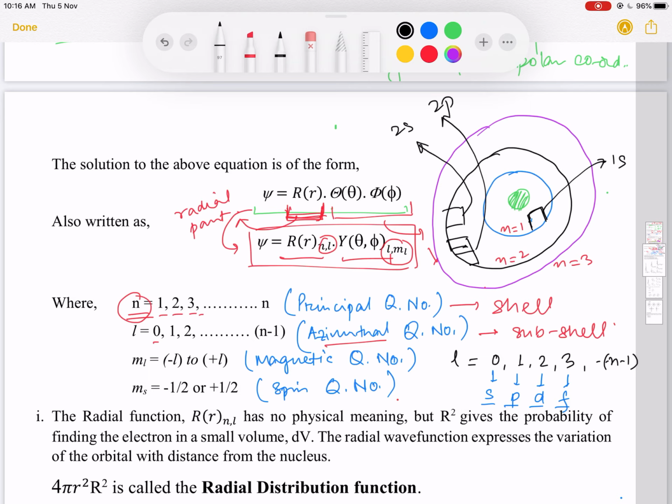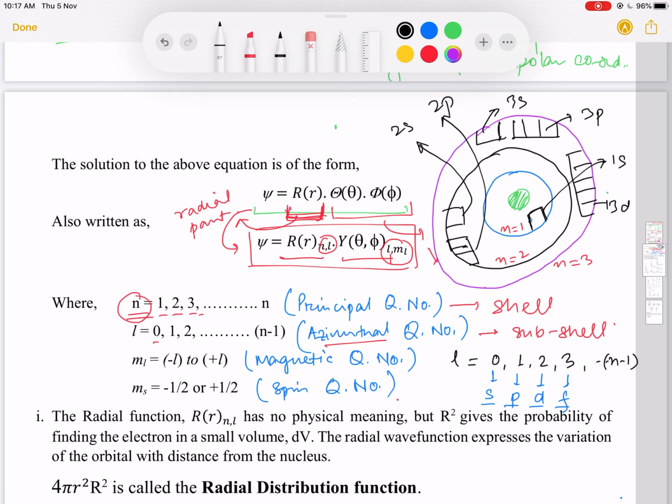Similarly, the third shell will have 3s, 3p, and 3d also. So the principal quantum number n tells us about the shell, in which shell the electron is present.